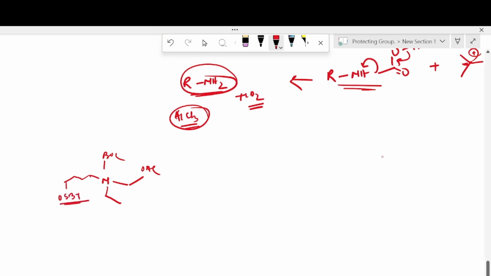This is the silyl ether protecting group of alcohol. It is called the acetate protecting group of alcohol, and it is known as the Boc protecting group of amine. If we add aluminum trichloride here, it selectively deprotects the Boc and we will get our product like this.